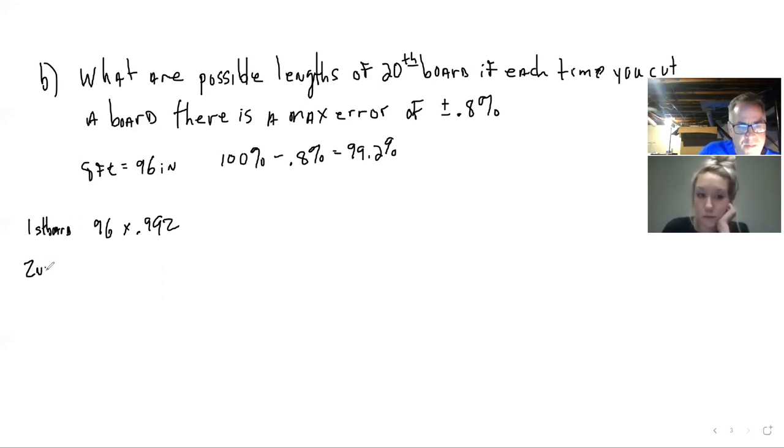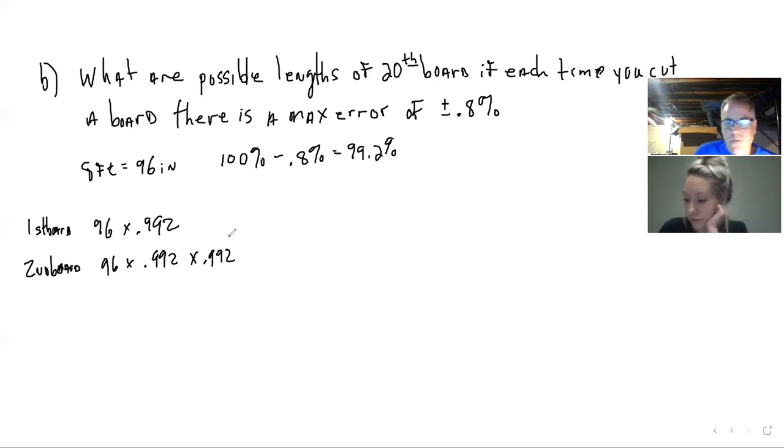The length of the second board would be 96 times 0.992 times 0.992. Whatever this length is, you would multiply that by 0.992, and that would give me the length of the second board.